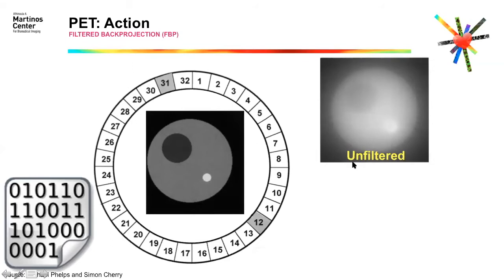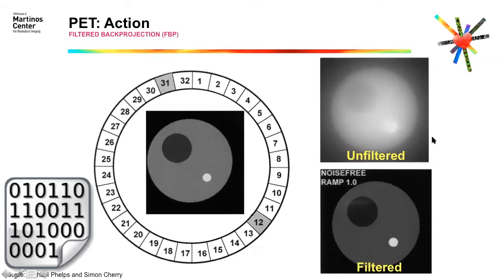And that's because I haven't filtered it yet. So I can add a filter to the back projection image, which is this one, in this case a high resolution filter, that is going to erase all those low frequencies and actually make my image much better. And why am I erasing the low frequencies?